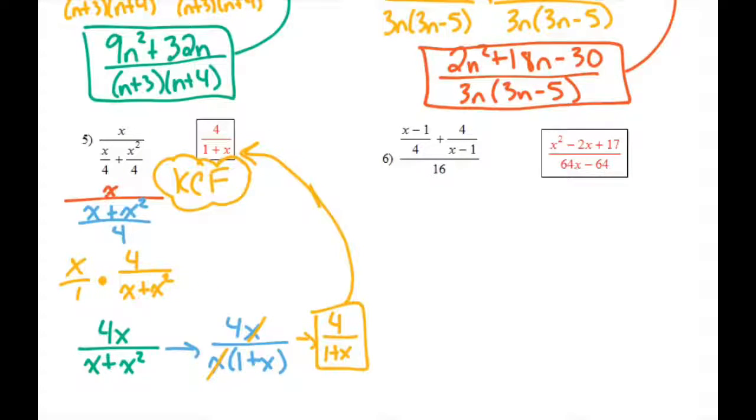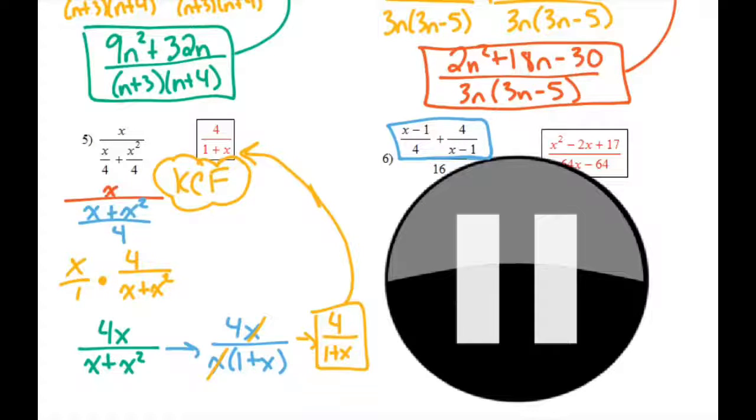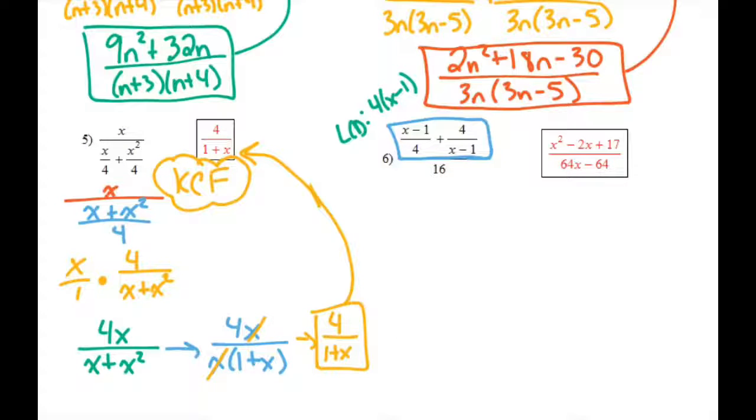This last one's tricky. First, just look at that overall top fraction, treat it like an addition problem, then keep change flip. So pause the video and give this one a shot right now. So first I found my LCD for just the numerators in that blue rectangle right there. It's going to be 4 times x minus 1. So we multiply by the missing pieces.